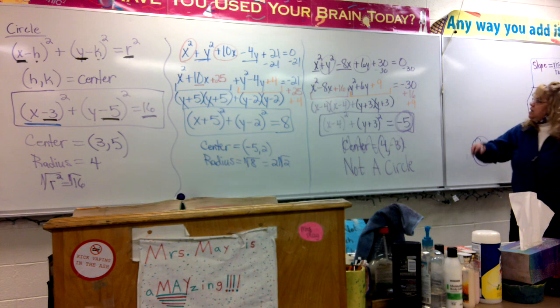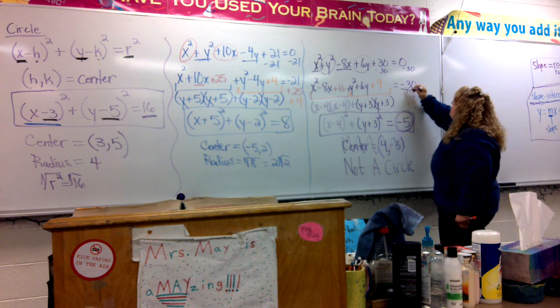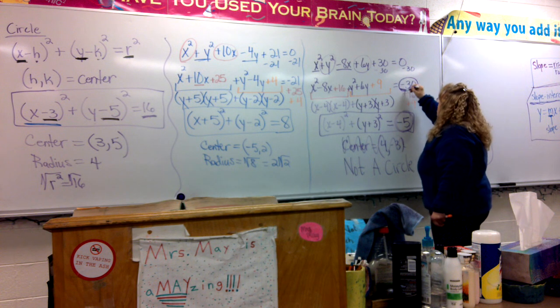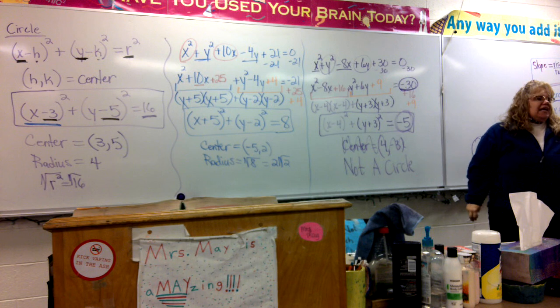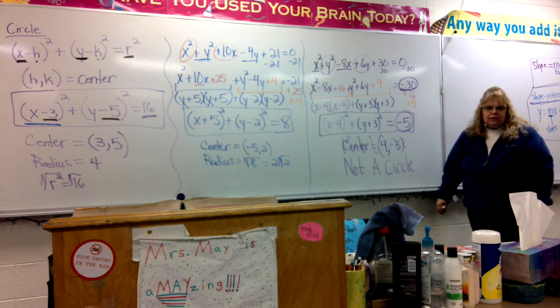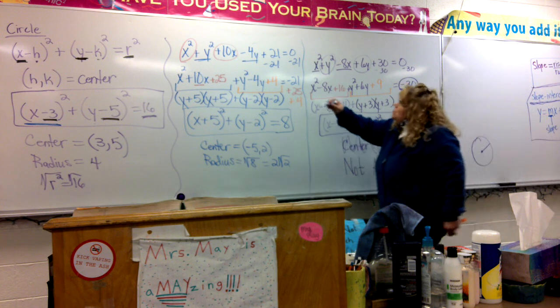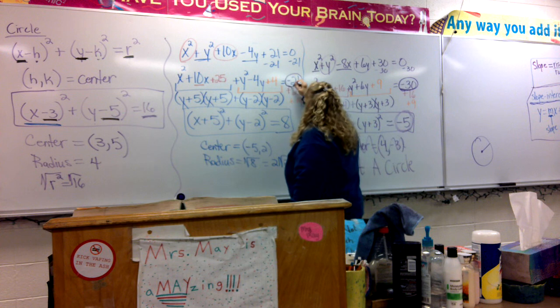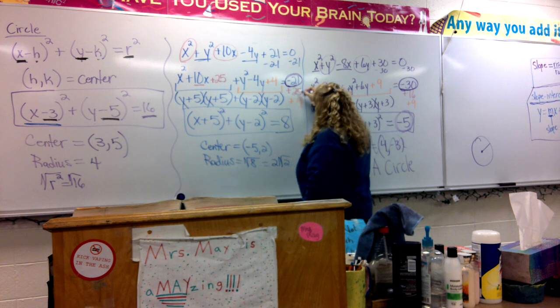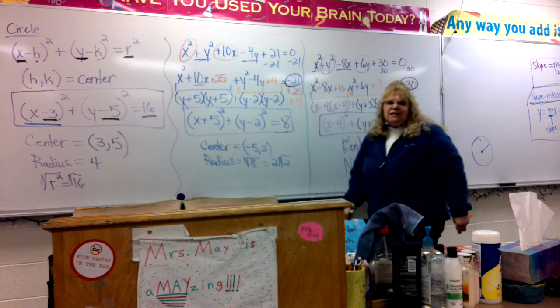And by the way, it's not just if you start off with something negative. I know that some of you are going to try to find a shortcut, and I'm not going to do all that work if it's not a circle to begin with. But remember, this one over here also started out negative. But when we added to it, it ended up positive.